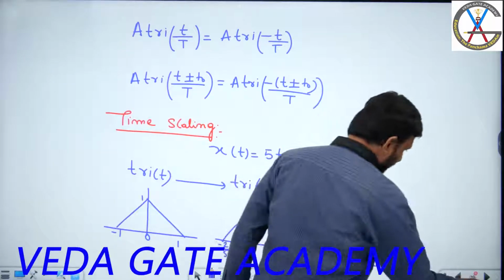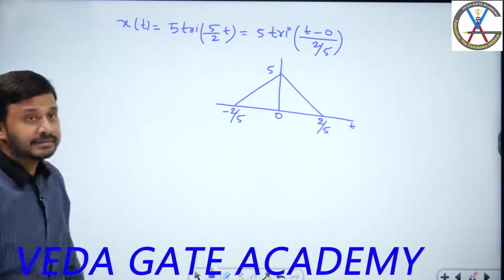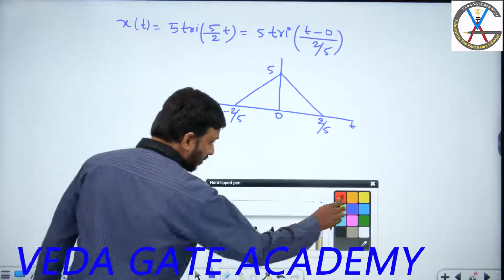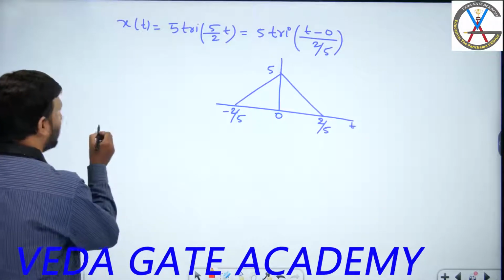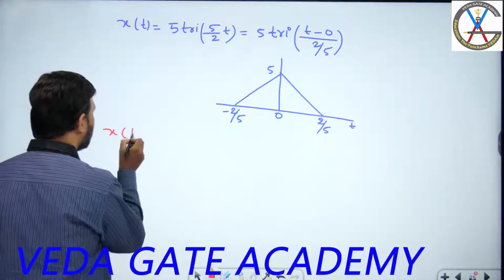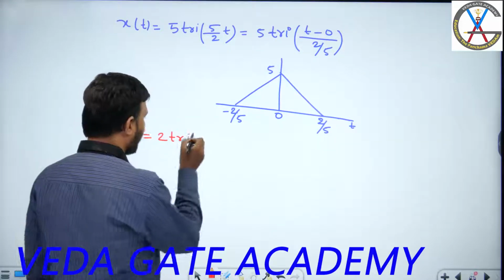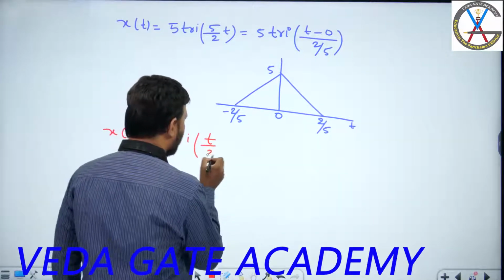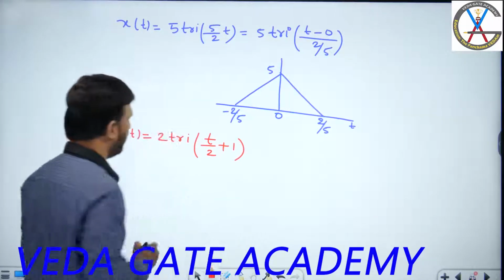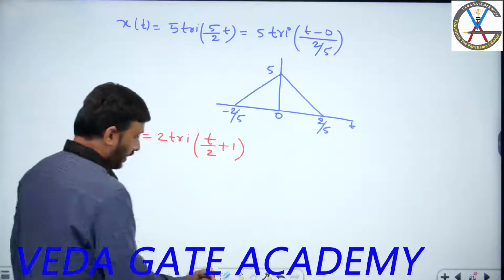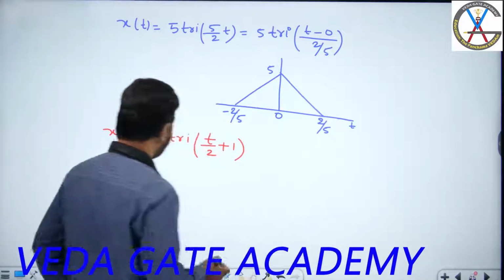Okay, after this, I want one more. x of t is equal to 2 tri of t by 2 plus 1. Can you arrange this in a standard form?